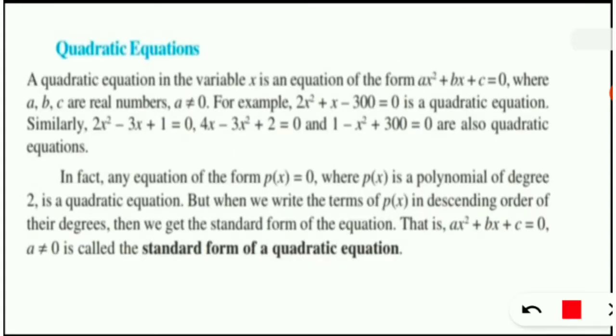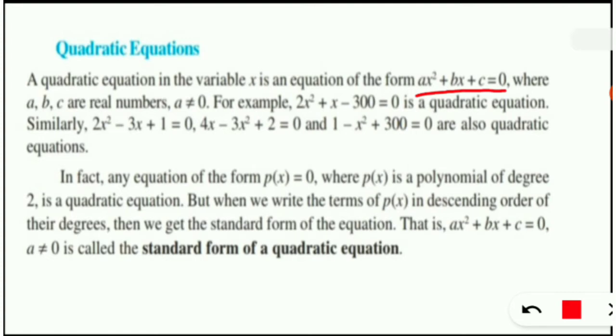Now, quadratic equations. A quadratic equation in the variable x is an equation of the form ax square plus bx plus c equals to 0, where a, b and c are real numbers and a not equals to 0. Clear?